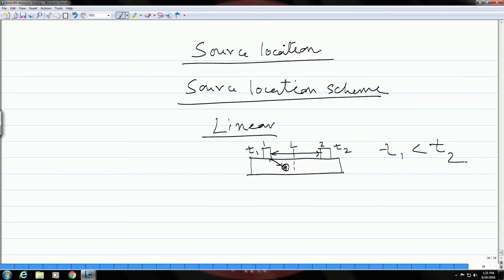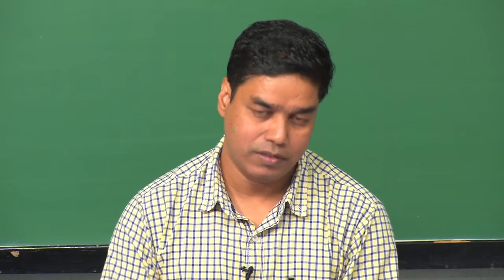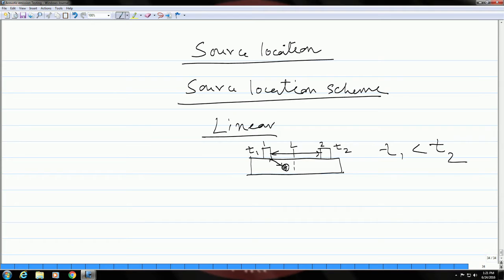Okay. And if you have an idea about the velocity of sound waves, because at the end of the day these waves which are generated are sound waves. So, if you know the velocity of these waves inside the sample material, let us say the velocity is v, then you will get an idea as to how far this defect is from this center line, let us say if that distance is x.